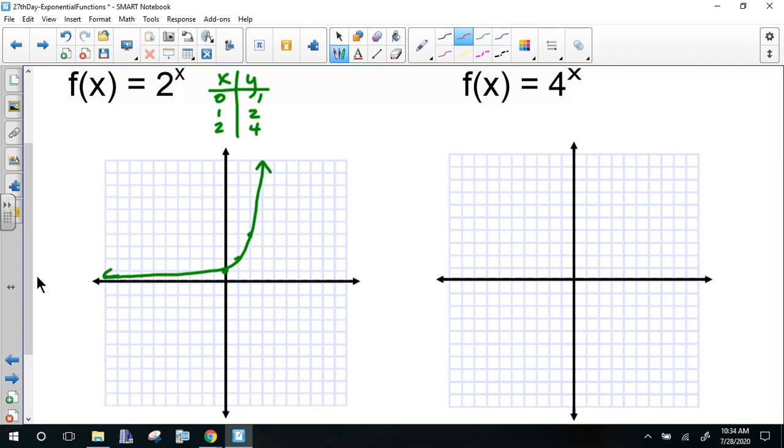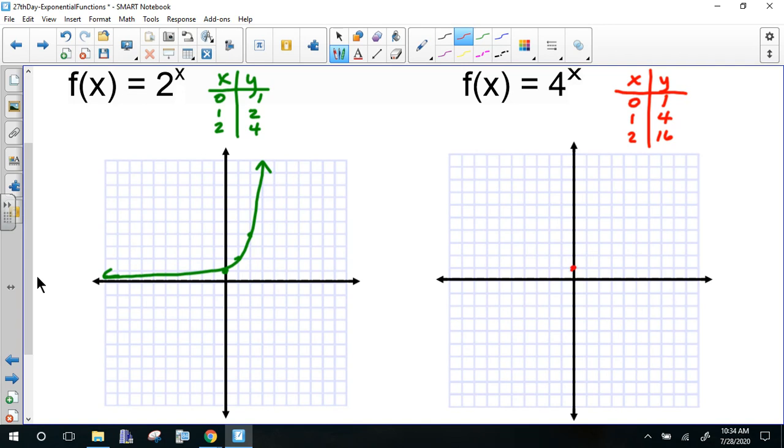If I do the same for y equals 4 to the x, 4 to the 0 is 1, 4 to the 1 power is 4, 4 to the 2 power is 16. And I plot those points.